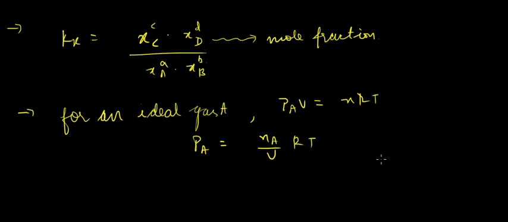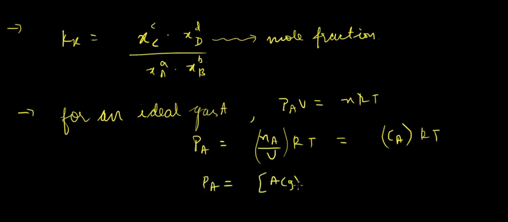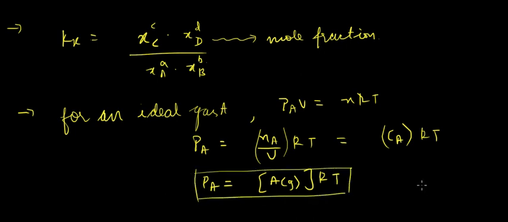Which is nothing but nA by V, the molarity or concentration of gas A, times RT. So we can write PA as the concentration of gas A times RT. Let's say it's equation number 1.